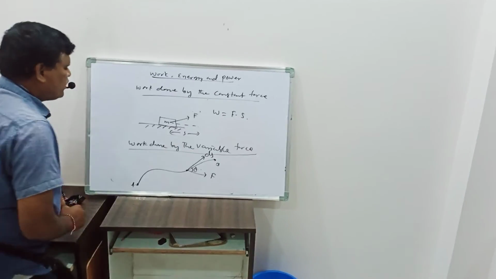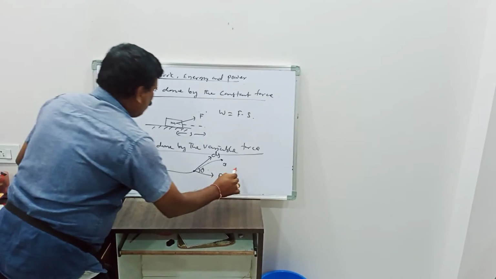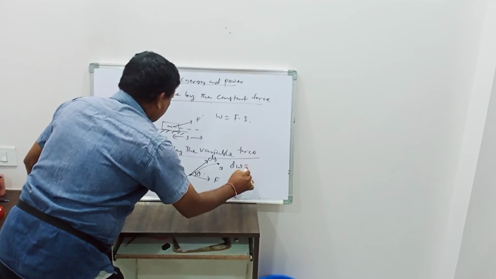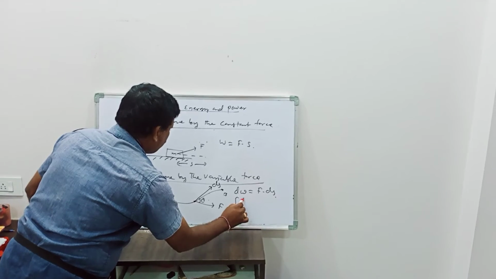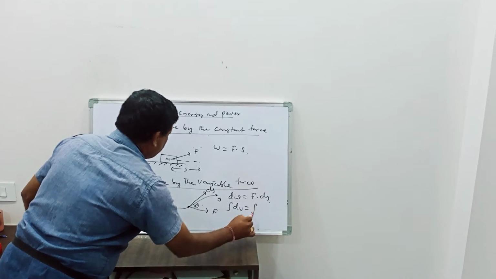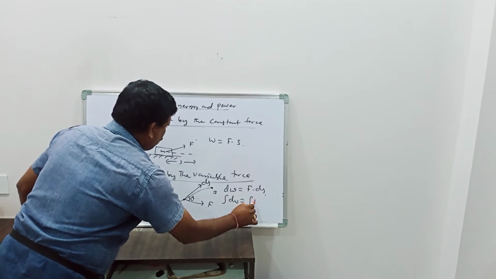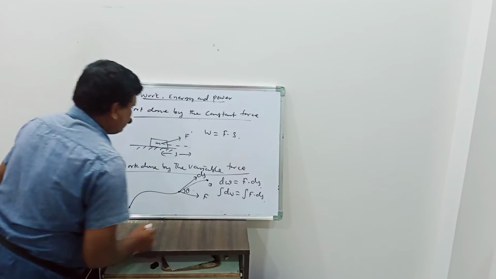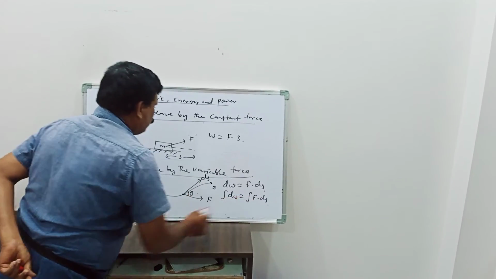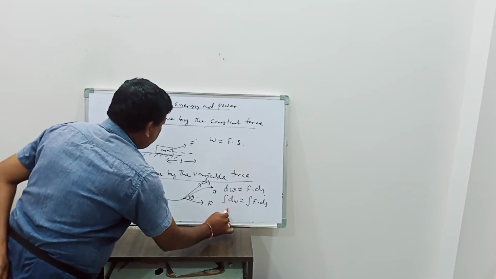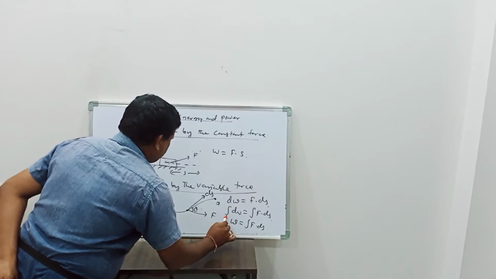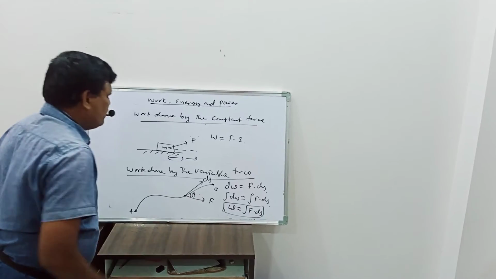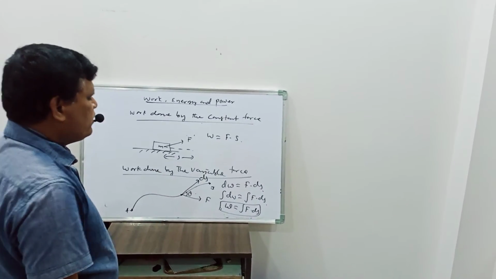There is a small work done, dW is equal to F dot ds. Integrating this equation, integral dW is W, so W is equal to integral F dot ds. This equation refers to the work done by the variable force.